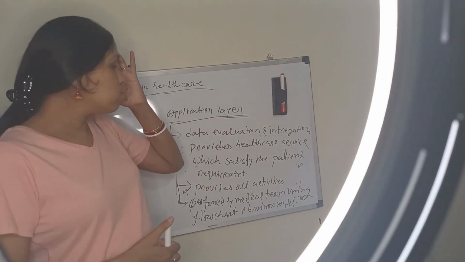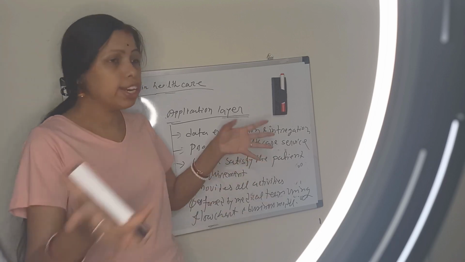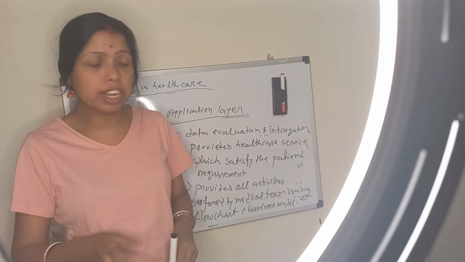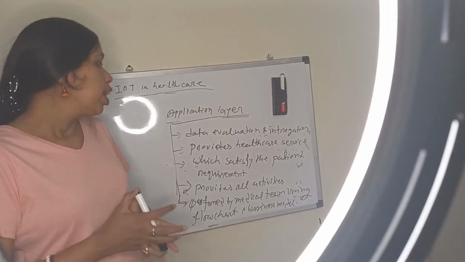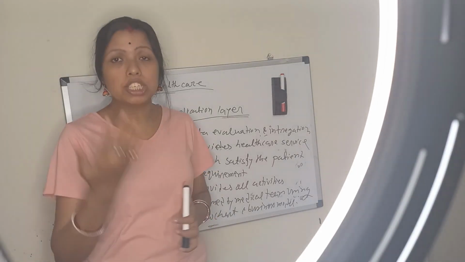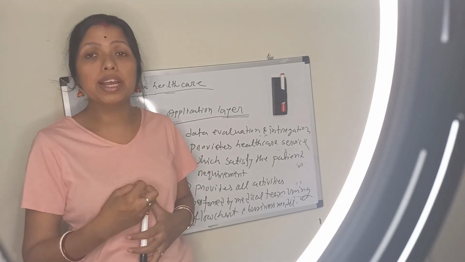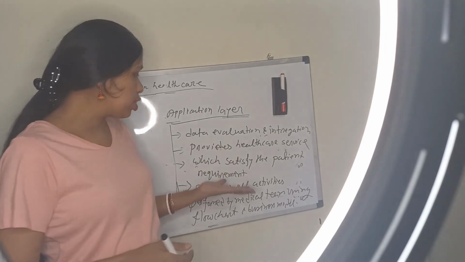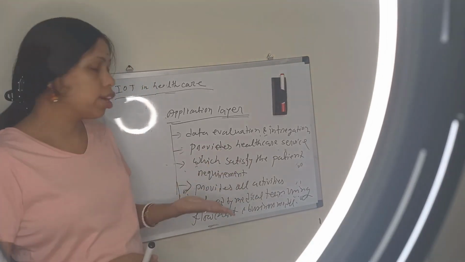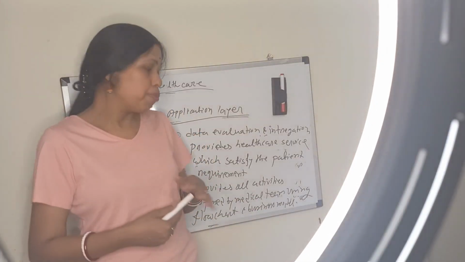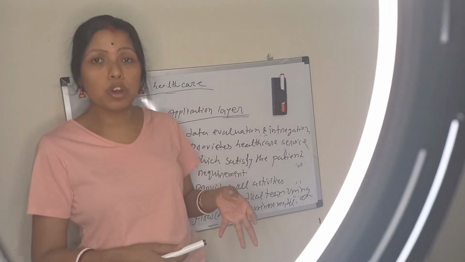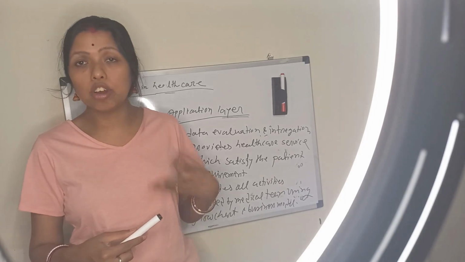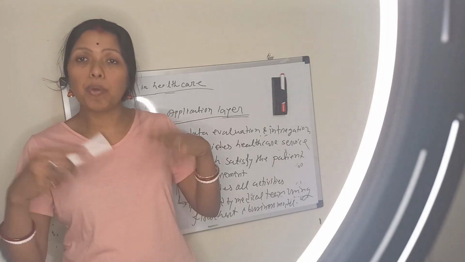Okay, so that's why in data evaluation and integration, all the data can be integrated. Different kinds of data coming from the different sensors can all be integrated in this application layer. Based on the patient requirement, the medical team can provide high quality health service, based on different flowcharts, business models, and by plotting the graph. Different data will be aggregated or integrated, and this data will be plotted.